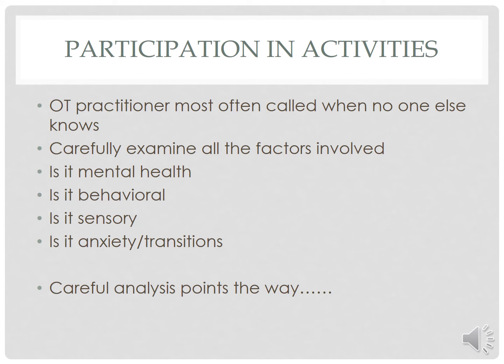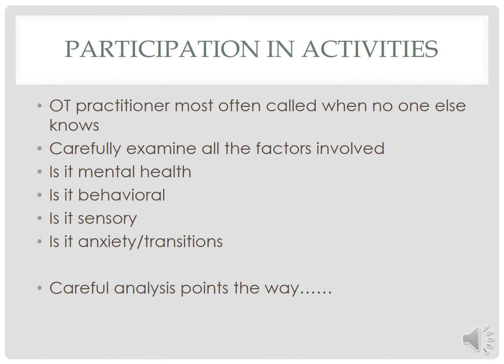So what we usually know when we get a child in preschool for services is that there's something wrong. The child isn't playing with other kids. The child isn't engaged. They're not making eye contact. They're not running around the playground like the other kids, right? They're not engaging in activities like all the other children.